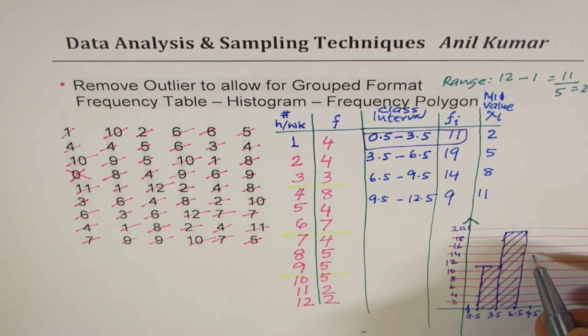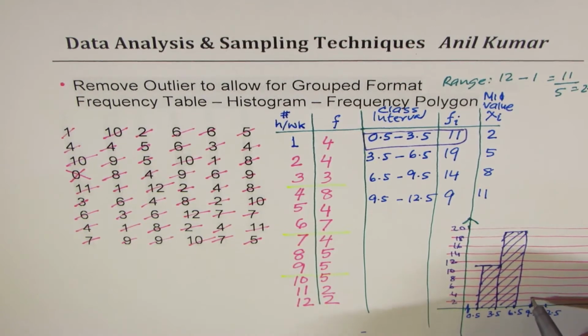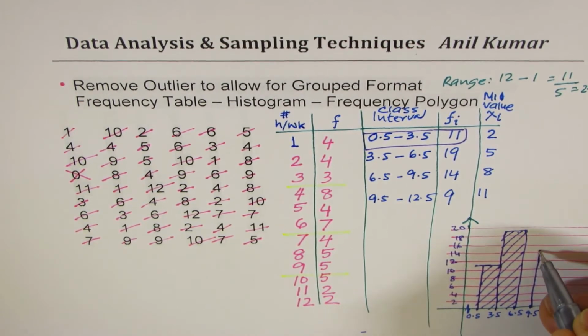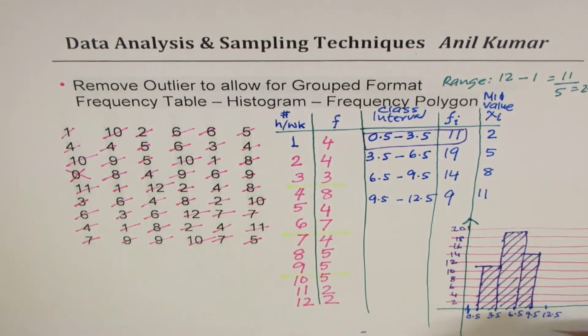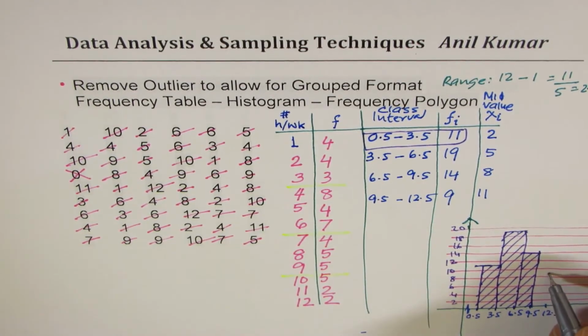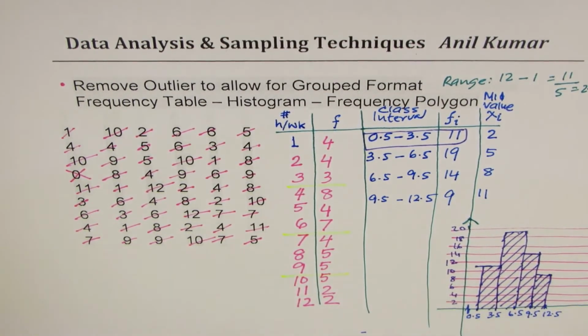So 14 is right there. So assume their widths are the same. It doesn't look like it, but their widths have to be exactly the same. Perfect. And last is 9. So 9 is kind of here. So we'll just extend this. 9. So that becomes the histogram.